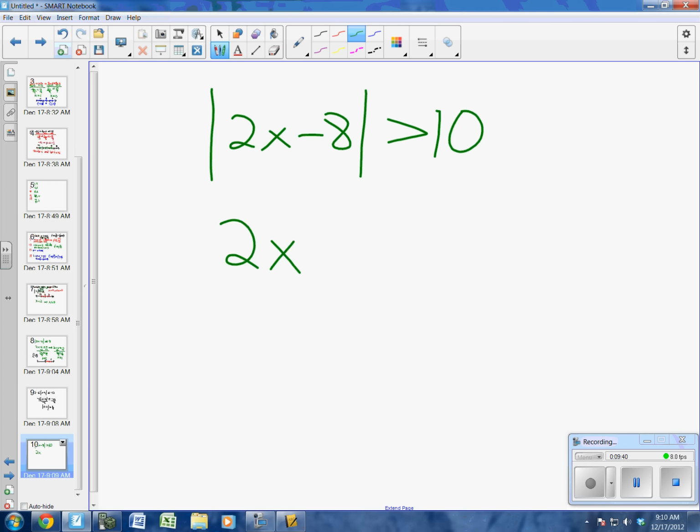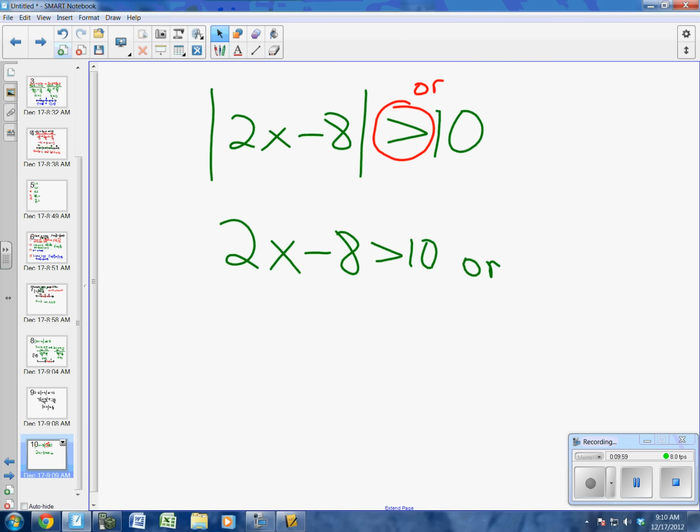2x minus 8 greater than 10. Or. Why do you think it's or? Okay. If it's greater than, it's an or statement.